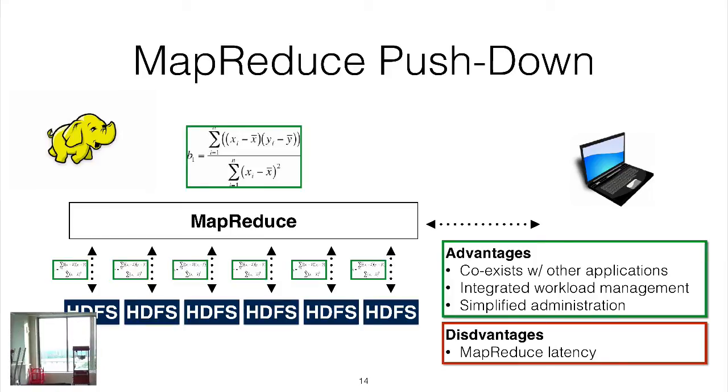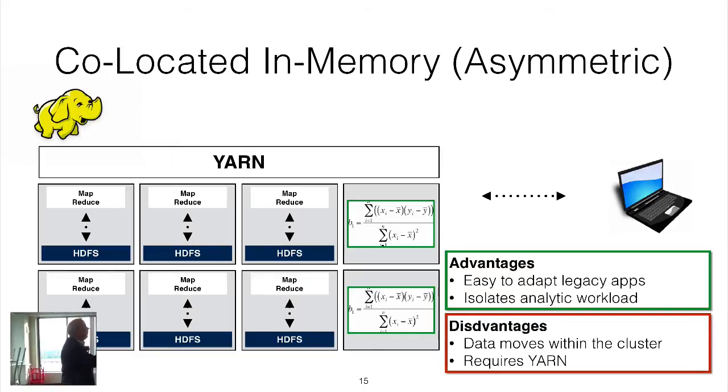So then the alternative, and this is just an emerging architecture, and there are a couple of ways that I'll talk about projects and products that implement this, is a co-located in-memory approach. In other words, an approach that bypasses MapReduce and uses the HDFS data, and in order to make that work and coexist with other Hadoop applications, it has to run under Yarn.